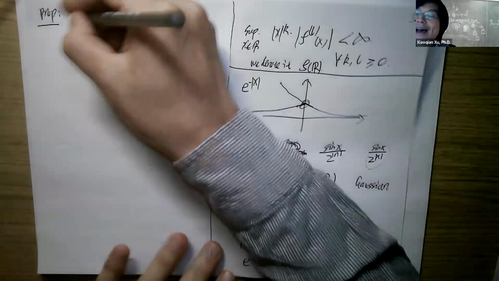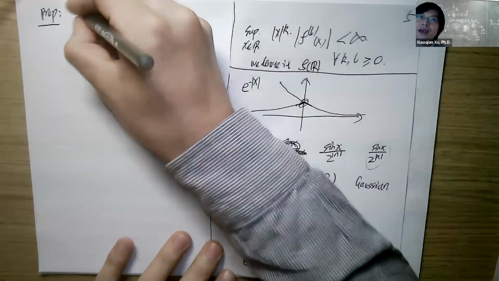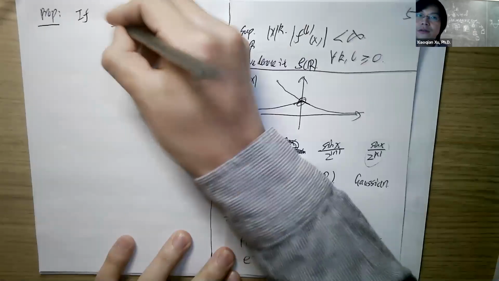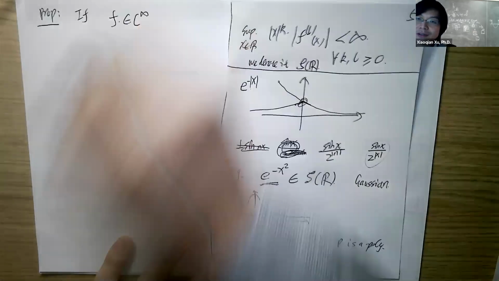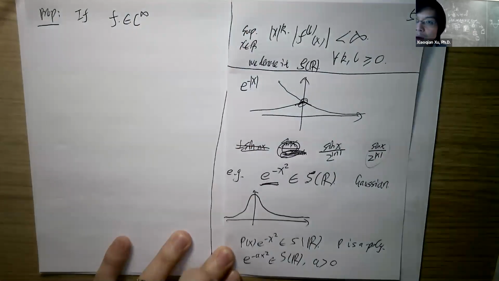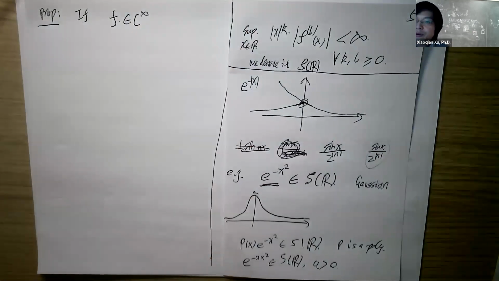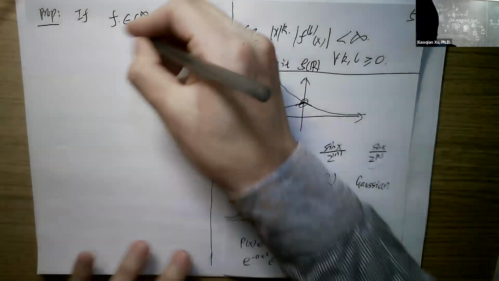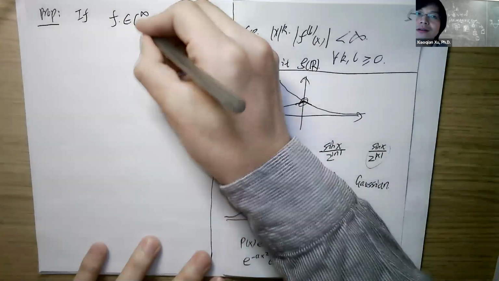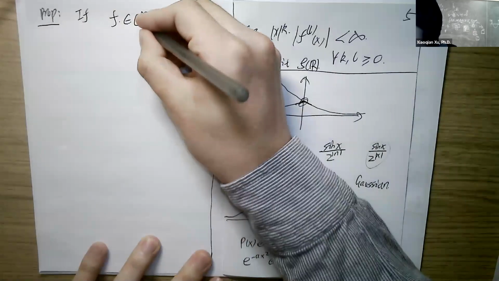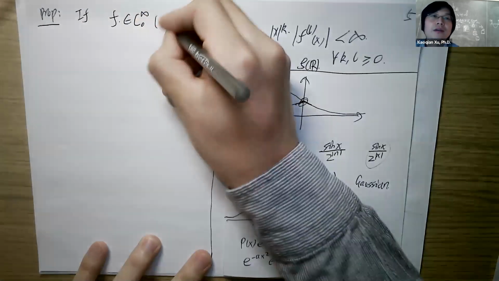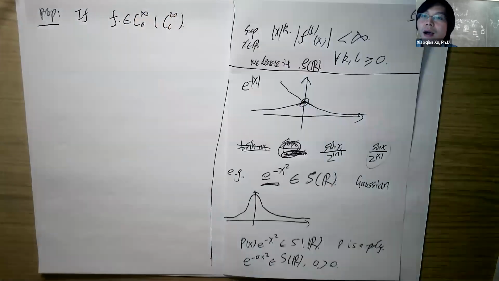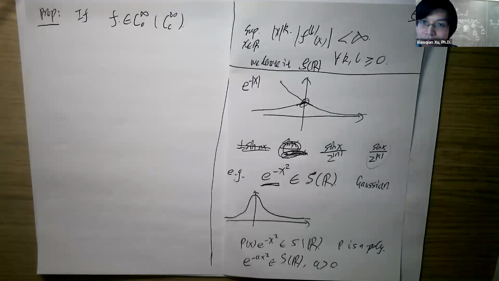If we have a function that is a so-called C infinity function, which means it's smooth, or you can take an arbitrary derivative of this function, okay? Sometimes we call it C0 infinity, or sometimes CC infinity. It means this function has compact support.